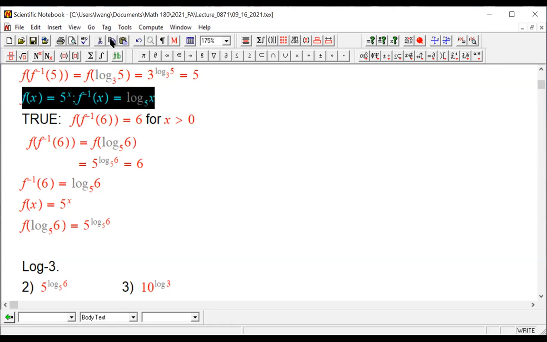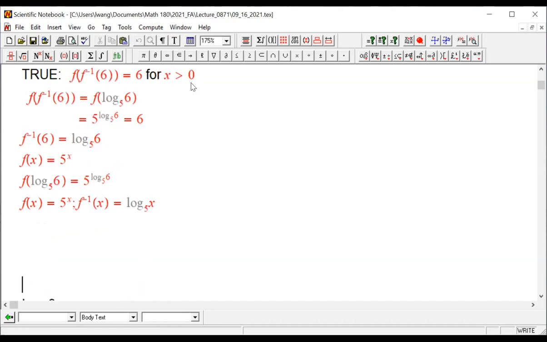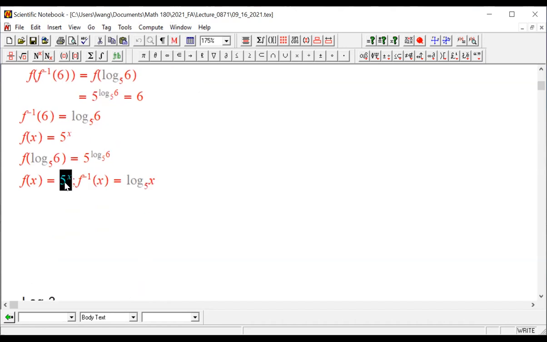So when this is base 10, what happens? When this is 10 to the power x, this base will be 10, right? If this is base 10, we can shorthand this notation just as log. Okay? And then what?